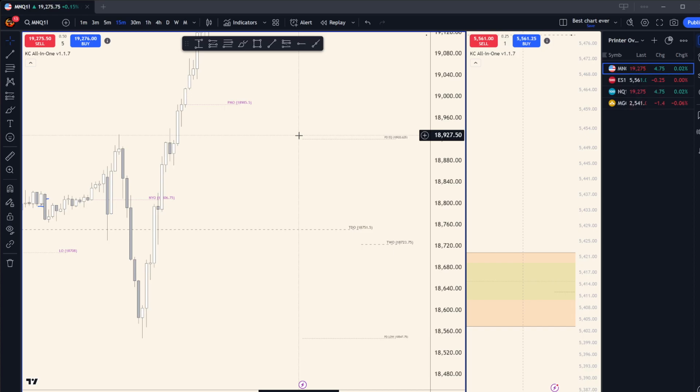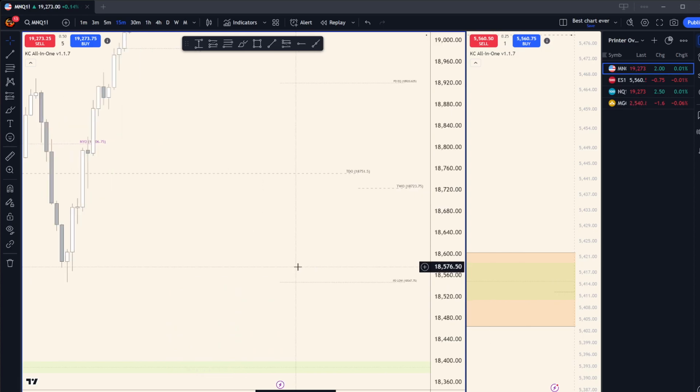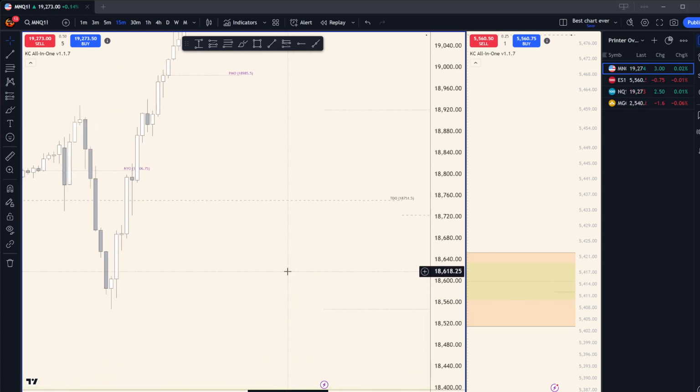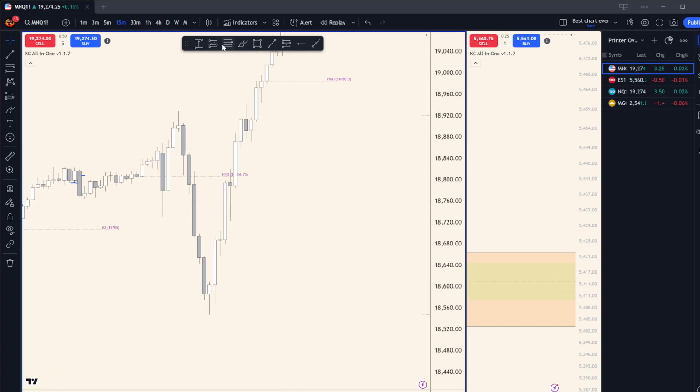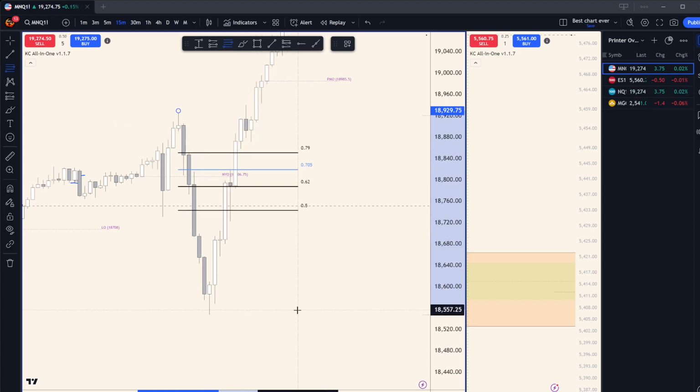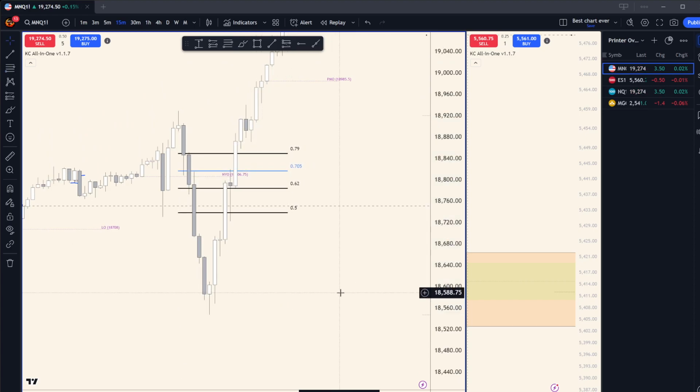Because it's hard to know if it's actually going to reverse, first of all, and it's hard to know if it's going to go for the absolute highest point of the external liquidity in the swing that it made. I think a good tip to be able to hold is the premium and discount tool. If you have the premium discount tool shown up, for example right here, when we were long, this is OTE.